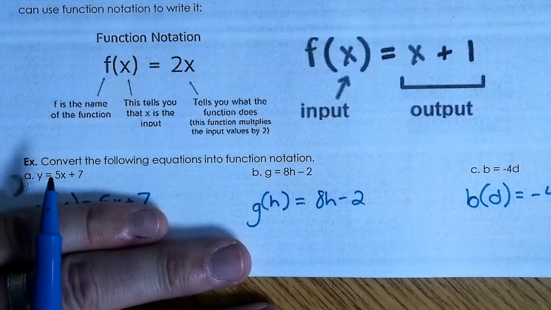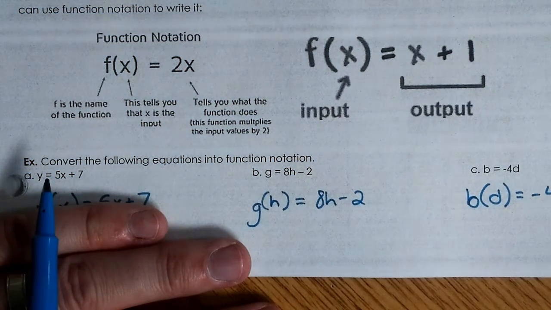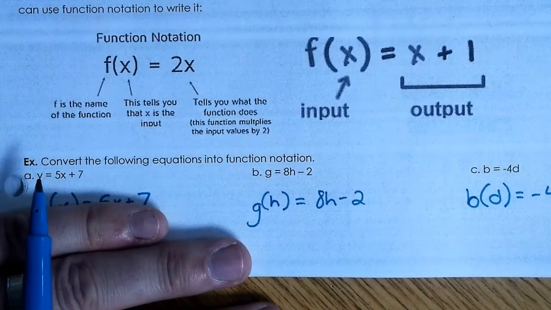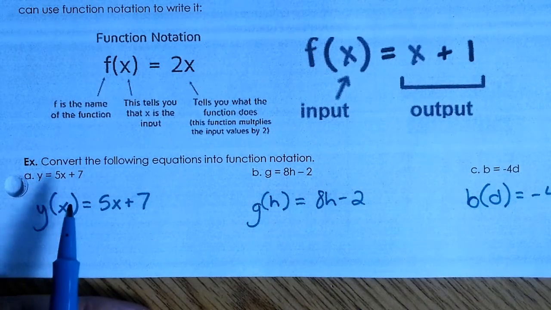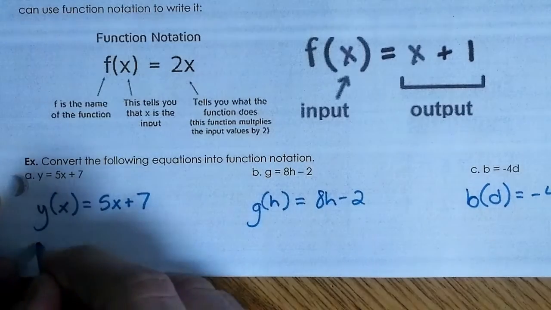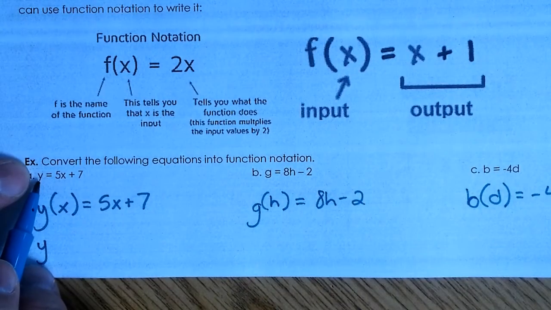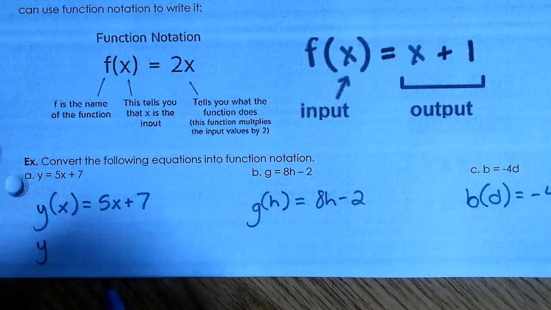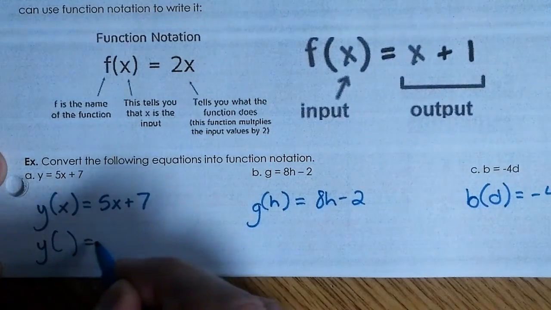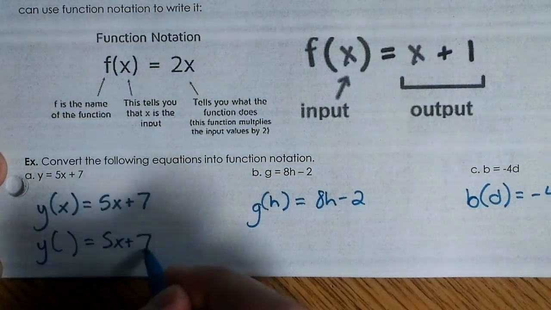No. So when we rewrite this, we use that Y right there, okay? Put parentheses beside it. What I originally wrote was Y, because that's our function. We put parentheses around it equals our output, 5x plus 7.